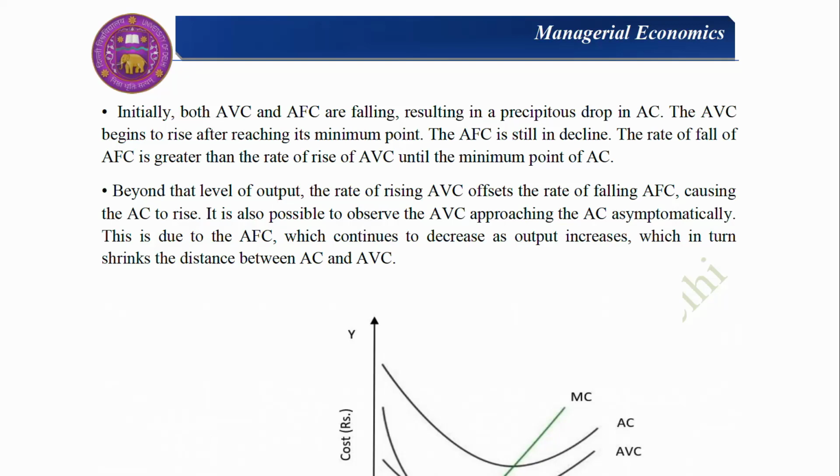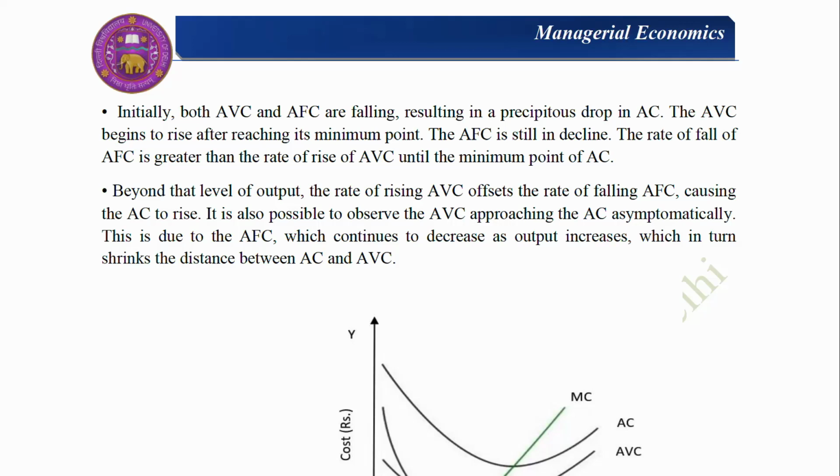The rate of fall of average fixed cost is greater than the rate of rise of average variable cost until the minimum point of average cost. Lastly, beyond that level of output, the rate of rising average variable cost offsets the rate of falling average fixed cost, causing the average cost to rise.